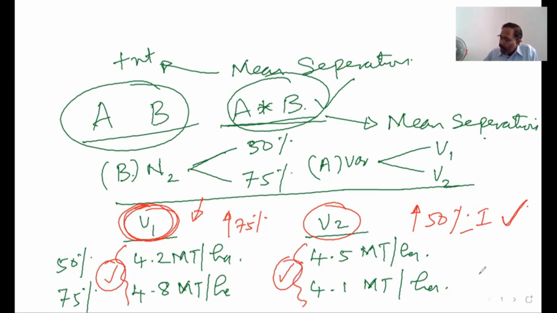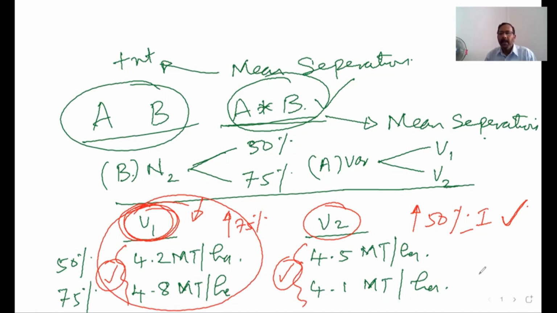So we want to do the mean separation, keeping the level of one factor as a constant. Then we compare the levels of the other, second factor. In this case, we have only 2 factors. If it is 3 factors, it is more complicated. We don't go for 3 factors; we just talk about 2 factors for the time.